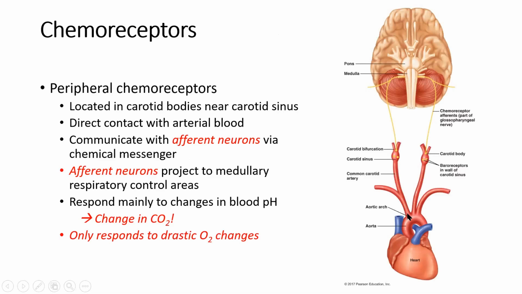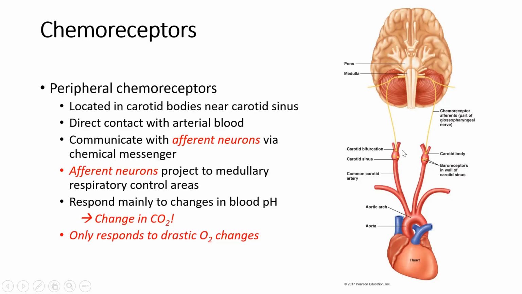So thinking about the anatomy here, we've got the common carotids, right, coming off of the arch on the left, and then coming off of the brachiocephalic trunk. So just reviewing that anatomy here on the right. And then the common carotid is then going to bifurcate or divide into external and internal carotids.